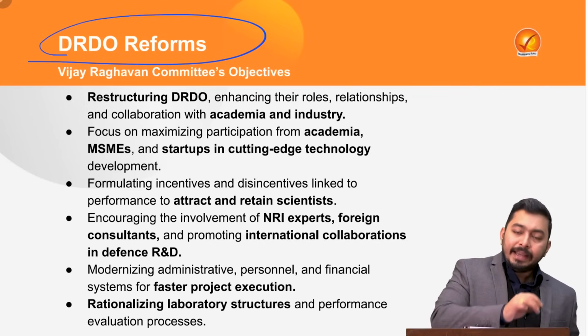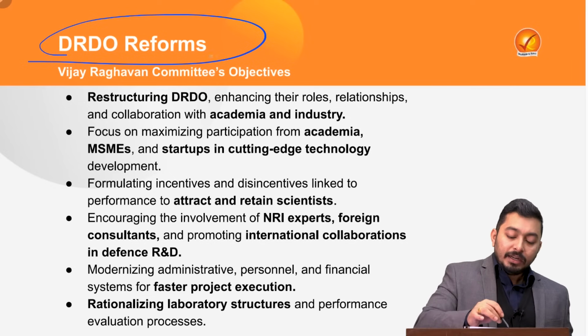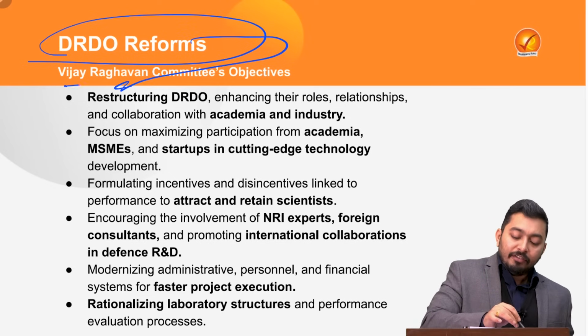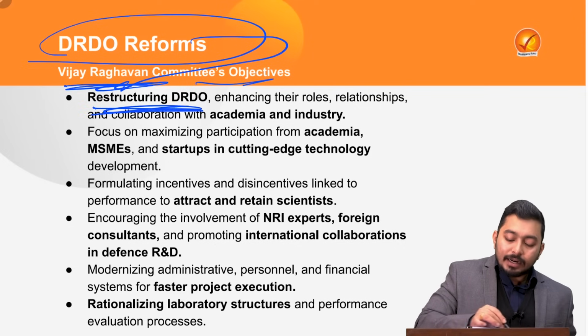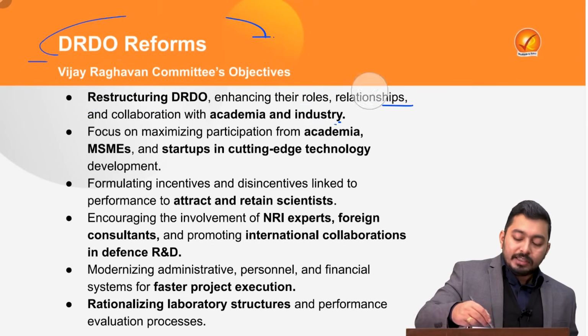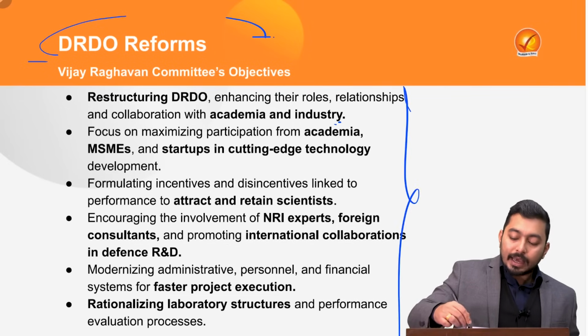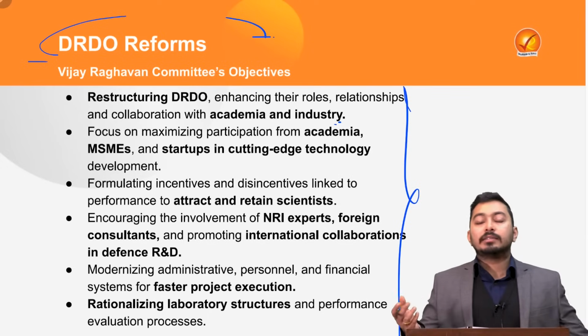Now, on the lines of the Ordnance Factory Board, DRDO reforms were to be done with the recommendation of the Vijay Raghavan committee. The objective was to restructure DRDO and to enhance its role, relationship, and collaboration with academia and industry. What you can do is use this entire content as a way forward for other answers.